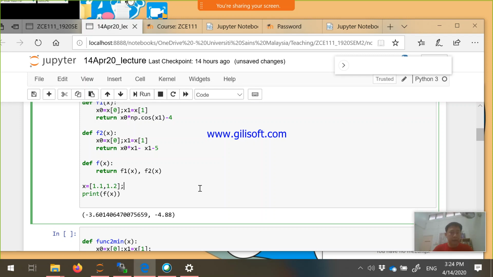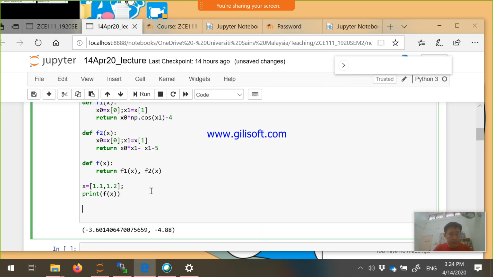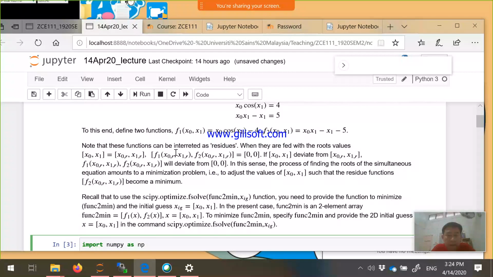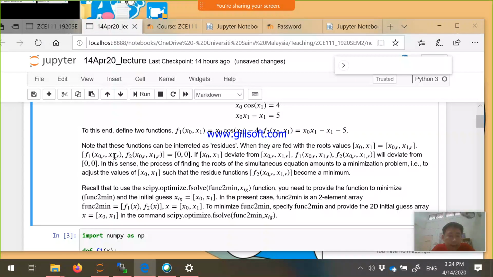So now what we want is to provide an initial guess to the x, so that the function f would give me the values of 0. Let me say it again. This is an optimization problem, right? So if x1 and x0 is the root value, that means f1 will be 0.